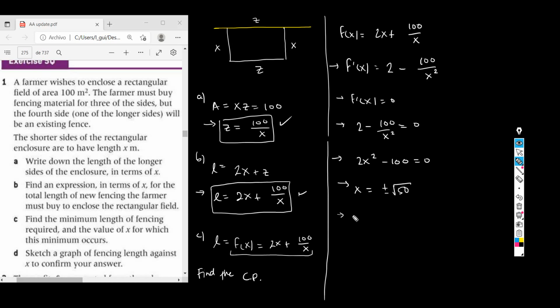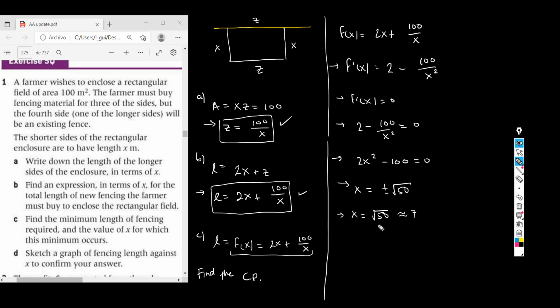So the only acceptable solution for x is the positive square root of 50, which is about 7, right? Okay, so this is the critical point. The critical point for this function happens at x equals the square root of 50, which is pretty close to 7. All right, now, how do I know that this critical point is in fact a turning point?